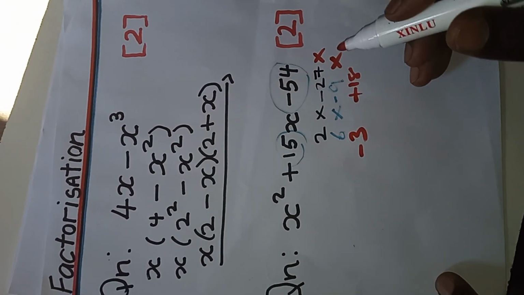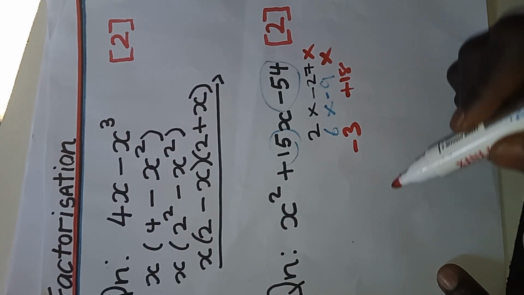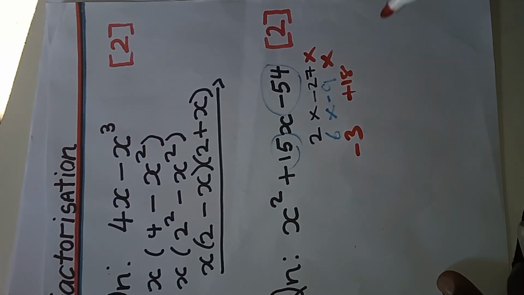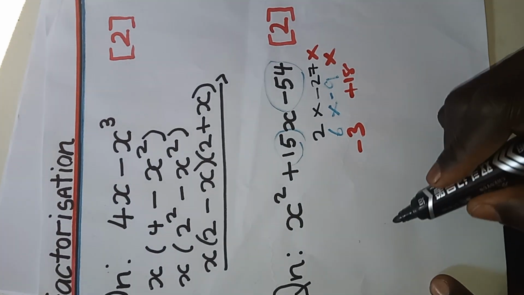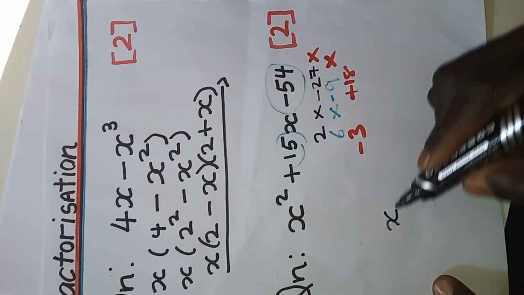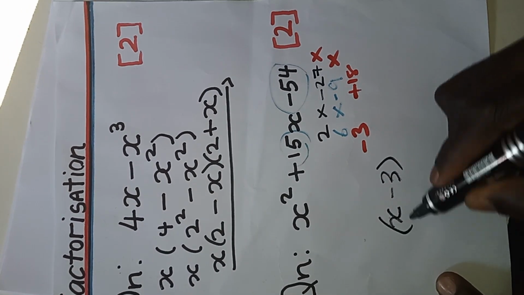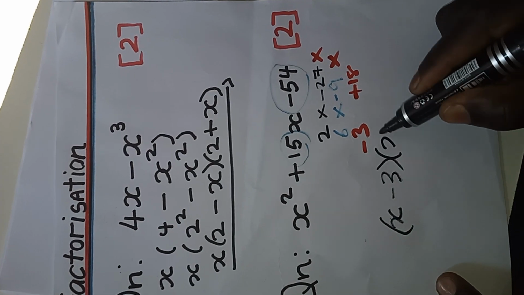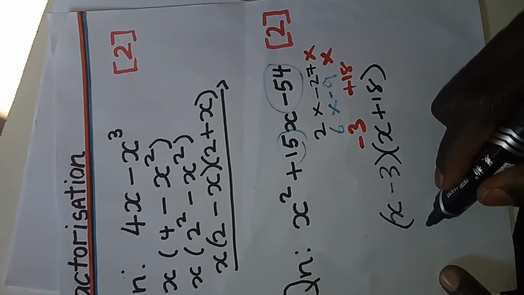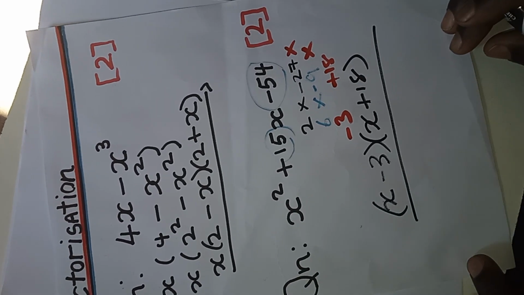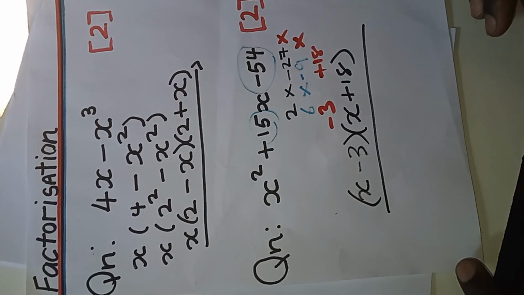So from this stage, you would know that the outright factorized expression of x squared plus 15x minus 54 will be x minus 3 and x plus 18. This is how you get to this factorized expression of x squared plus 15x minus 54.